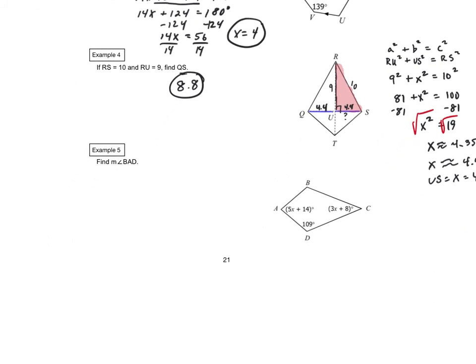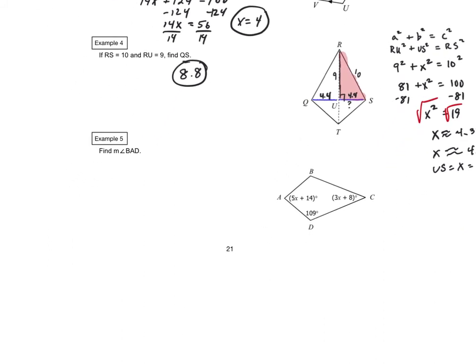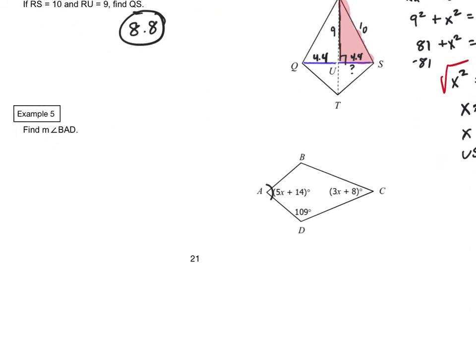And last but not least, what do we know here? Find the angle measurement of BAD. What do we know? In a kite, we know that the opposite angles of non-congruent sides are going to be congruent.